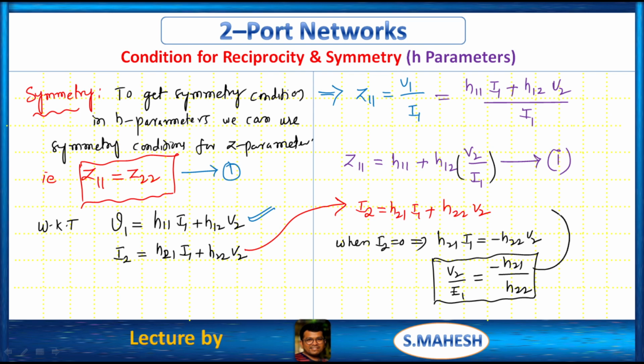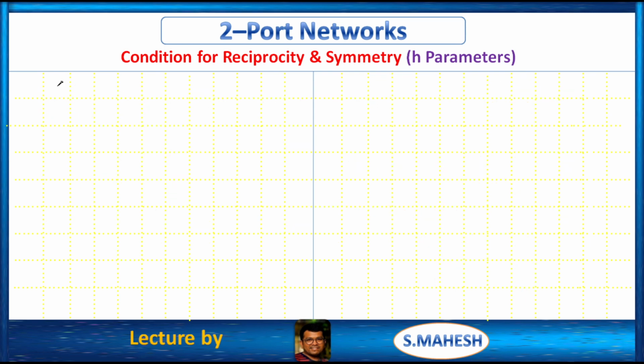Then we can substitute in equation 1. Therefore, Z11 = H11 minus H12 H21 by H22.